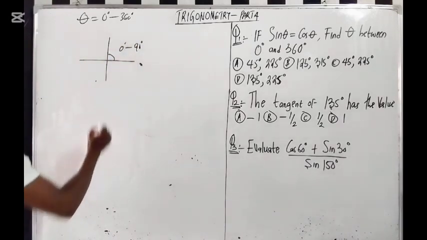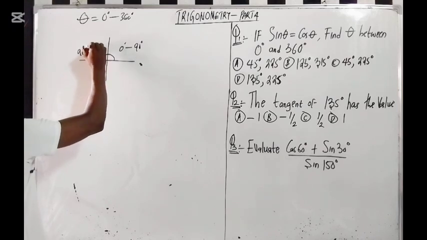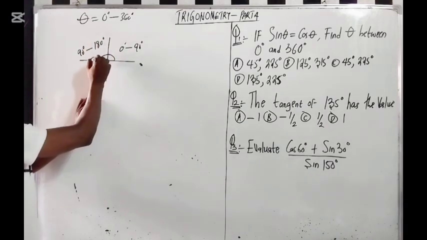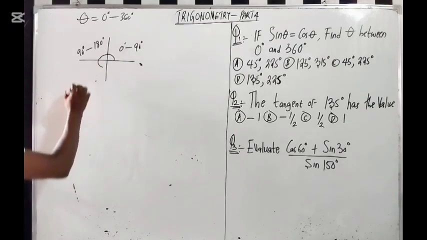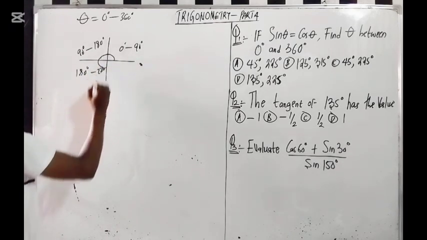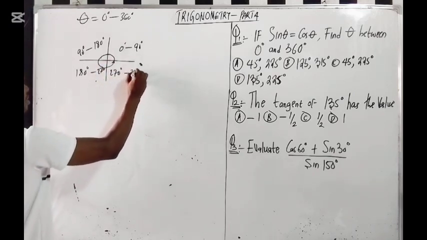The second quadrant, from here to here, is from 90 degrees to 180 degrees. Then from here to here is from 180 degrees to 270 degrees. Then the last one is from 270 degrees to 360 degrees.